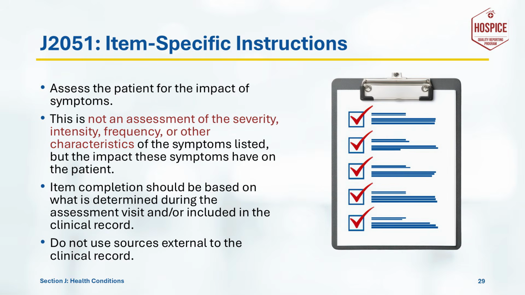For J2051 symptom impact, the clinician assesses the patient for the impact of 8 symptoms, the ones we just discussed. The key takeaway here is this is not an assessment of characteristics like severity or intensity or frequency, but an assessment of the impact of the symptoms on the patient.